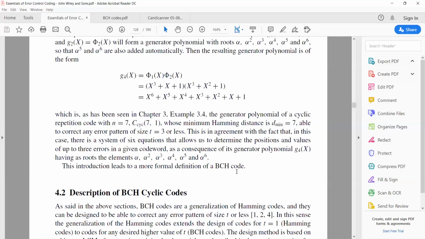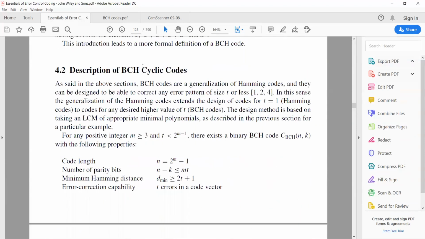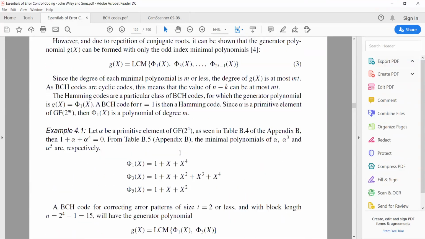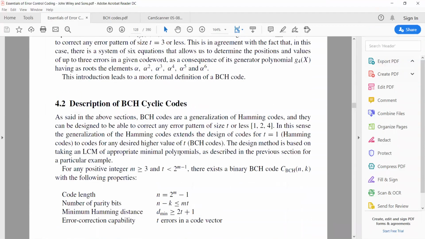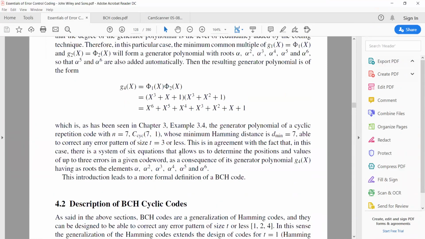So in the next lecture, we will enter the BCH code. Okay, so this is the description of BCH cyclic codes. We will start with: what is the description of the BCH code?